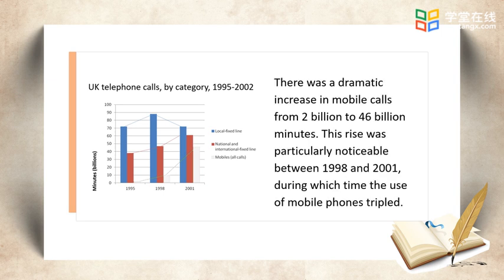There was a dramatic increase in mobile calls from 2 billion to 46 billion minutes. This rise was particularly noticeable between 1998 and 2001, during which time the use of mobile phones tripled.